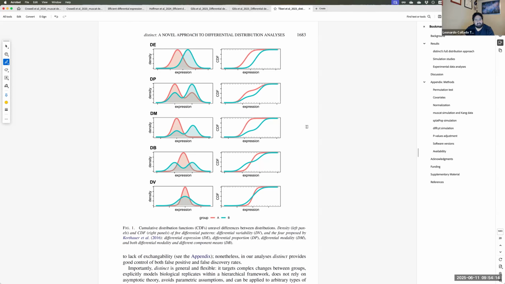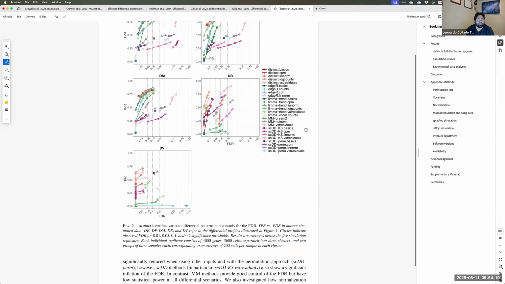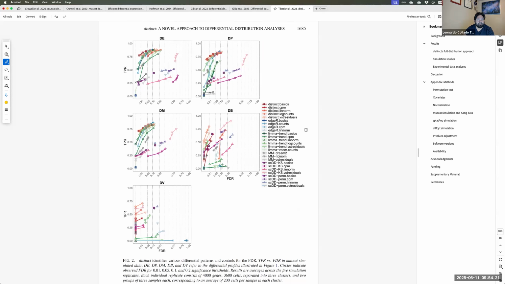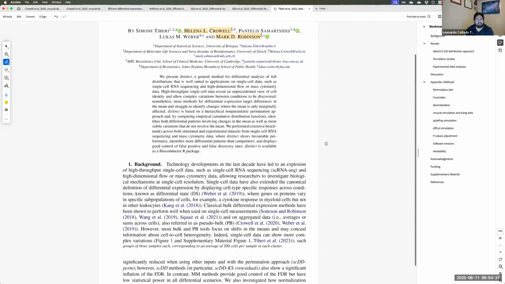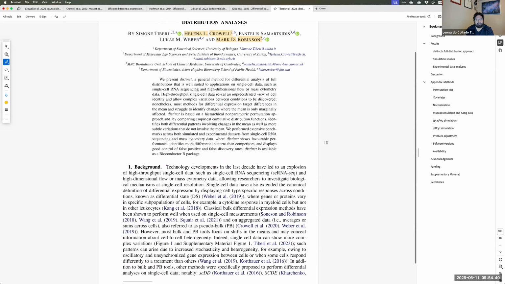And so the distinct Bioconductor package develops a full framework for detecting those scenarios. And you can see here how they compare against edgeR, limma, and a few other methods. I haven't fully read this paper yet, but I guess it's the logical continuation of the muscat work, and it could be interesting to check it out.